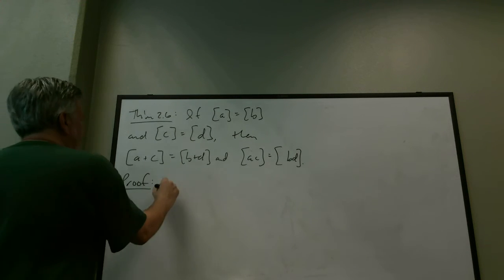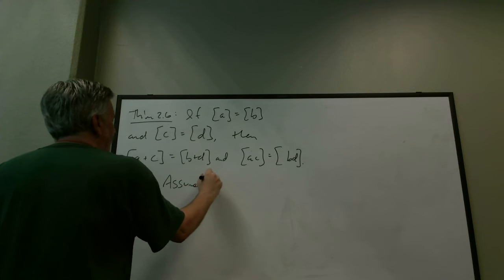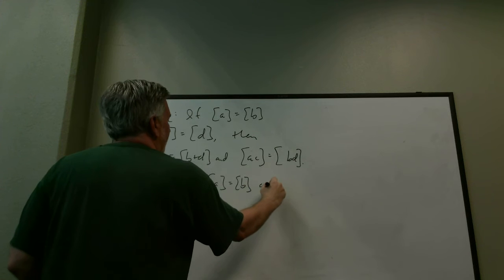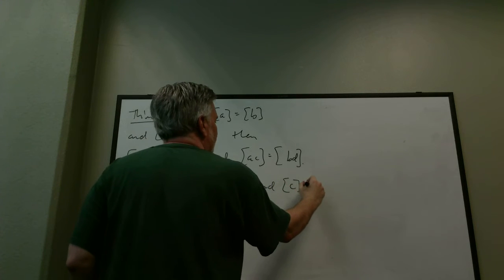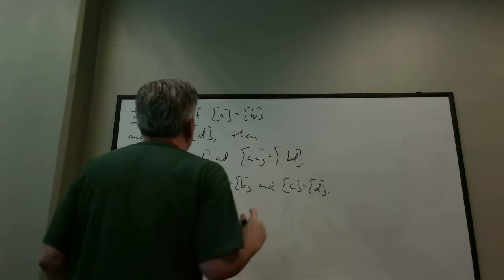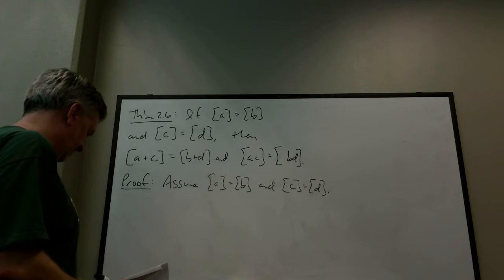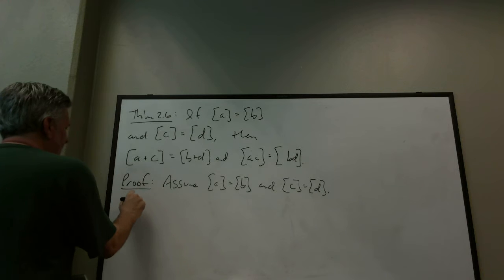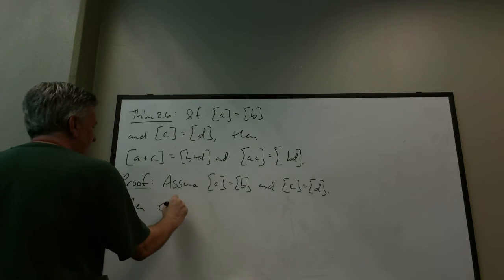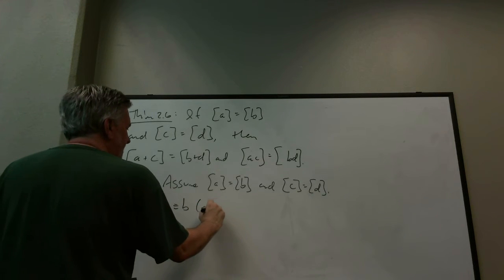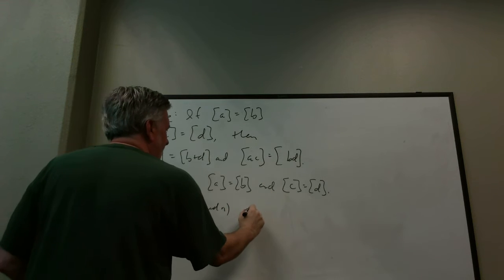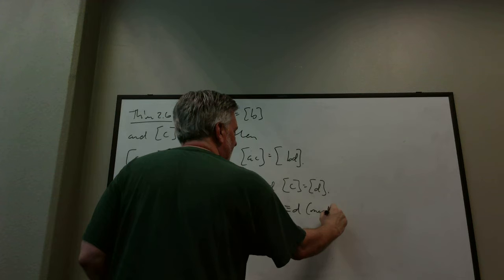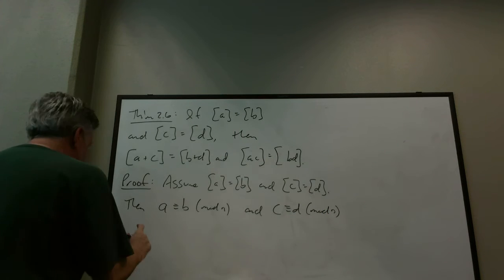Okay, so let's assume the two classes A and B are the same, and the two classes C and D are the same. So we assume the hypothesis, no problem. Well, from the previous work, if the class with A is the class with B, remember we had a theorem that said A is congruent to B mod N. And likewise for that one too, C is congruent to D mod N. We had a theorem last time, by theorem 2.3.